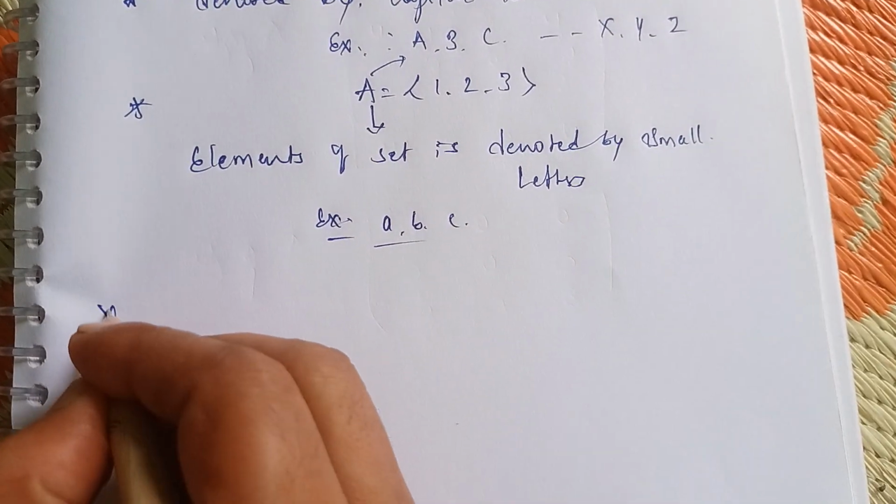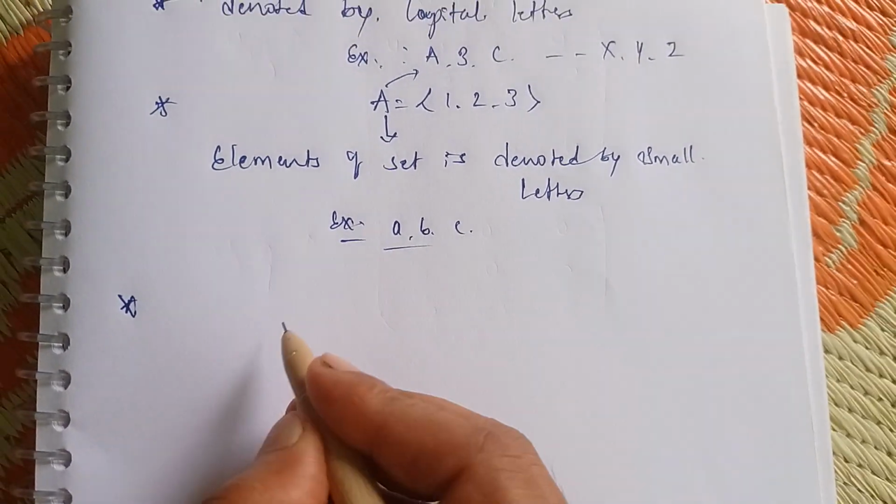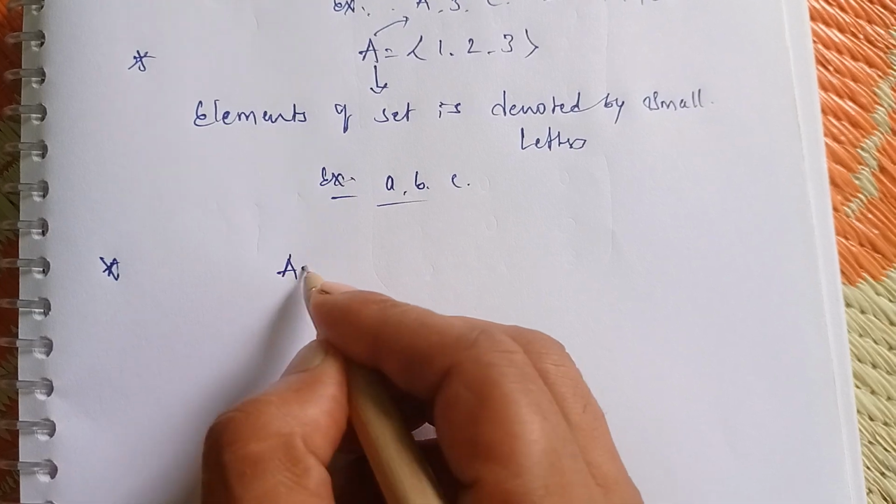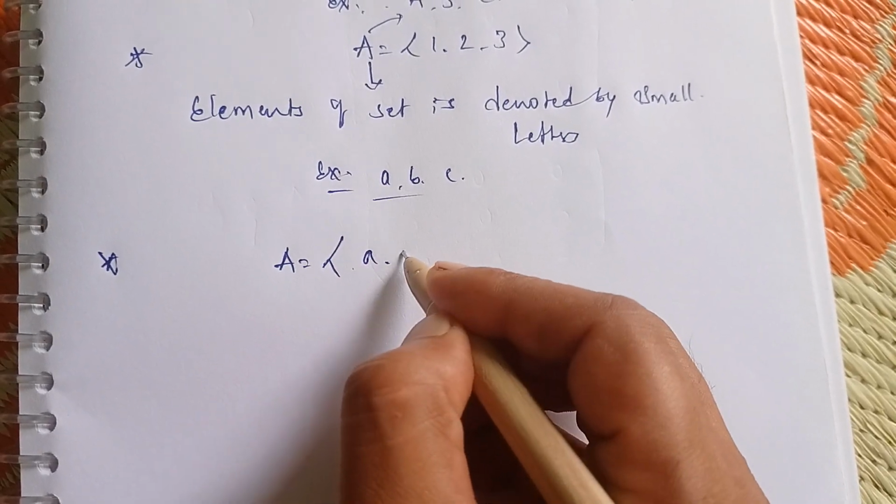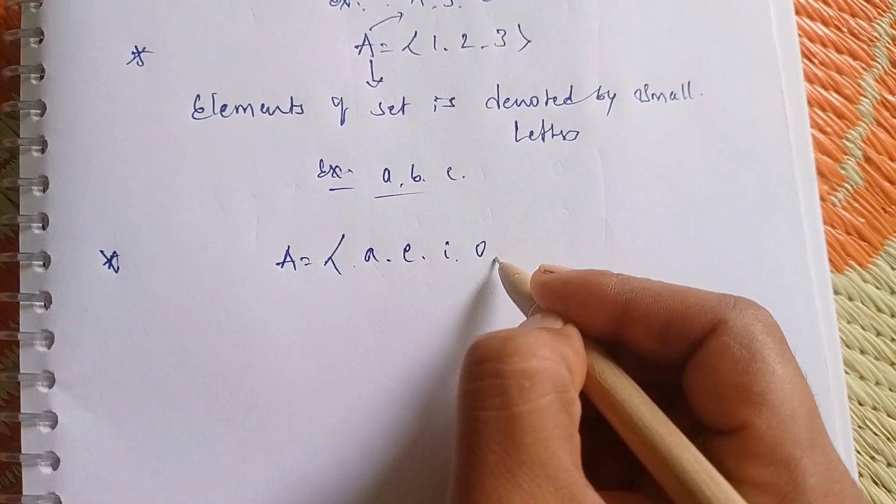Students, one more concept here. For example, I take one set A = {a, e, i, o, u}.